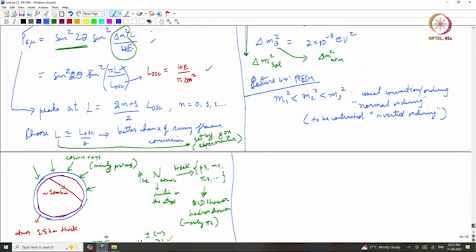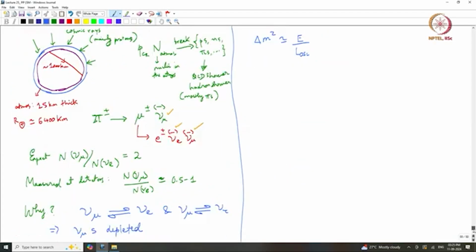If this is the oscillation length, would I be able to measure a delta m square over here? All I've done is rewrite this. I've got rid of factors of 4 over pi, I'm just taking that as 1. And what is the oscillation length here?